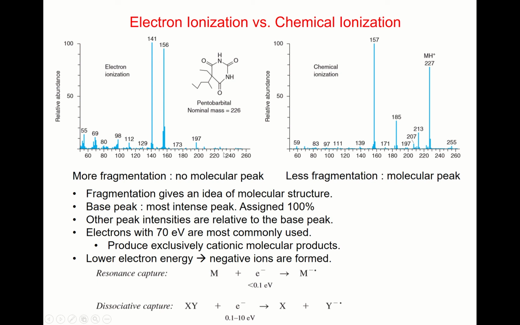Can you find it here? Maybe not. Maybe here, a very small peak. That means with electron ionization, molecules are fragmented into many small species. But there are two very big peaks.